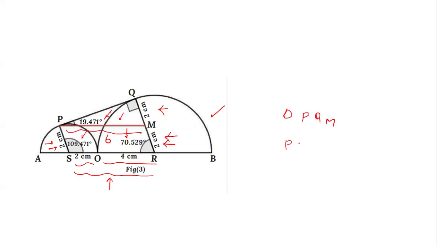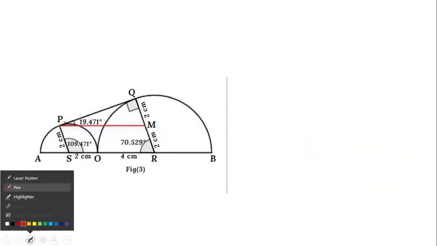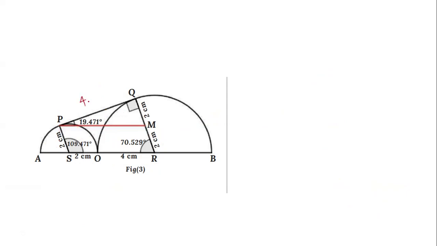PQ square is equal to PM square minus QM square. So PM is 6, 6 square minus 2 square. So this will come like 32. So PQ will come like 4 root 2. So this distance is 4 root 2, and now we calculated this distance also. So this distance is 4 root 2.